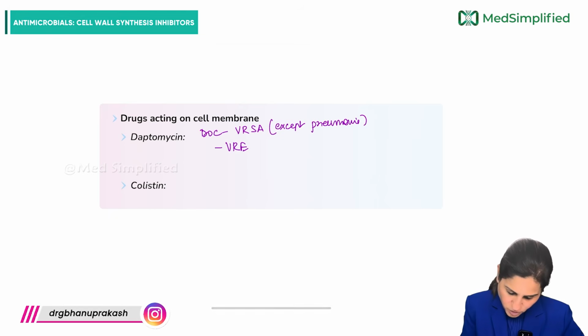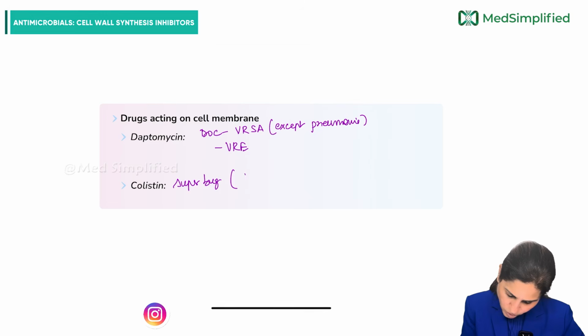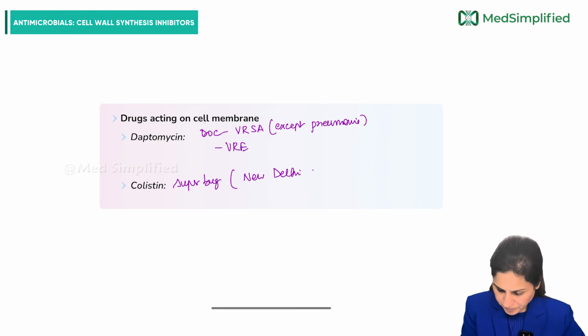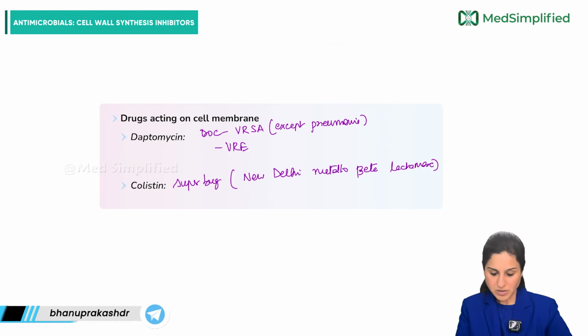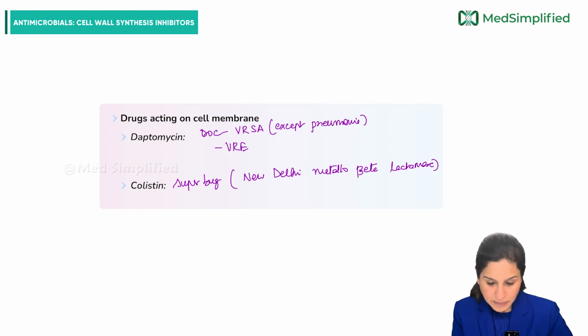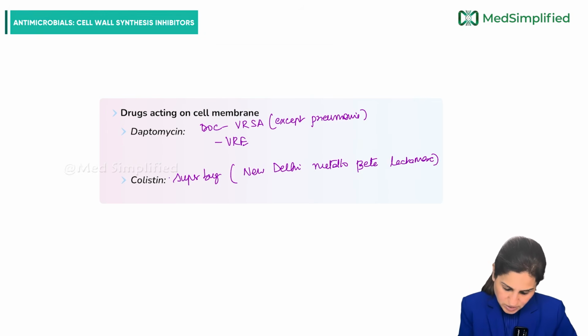Colistin is used for the superbug, the New Delhi metallo beta lactamase organism.